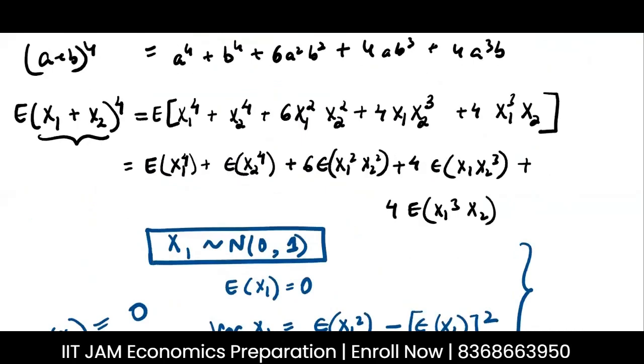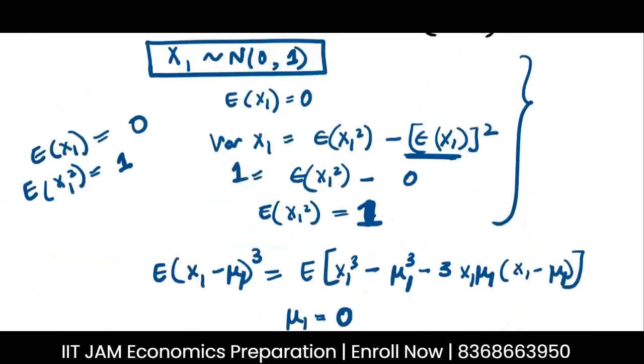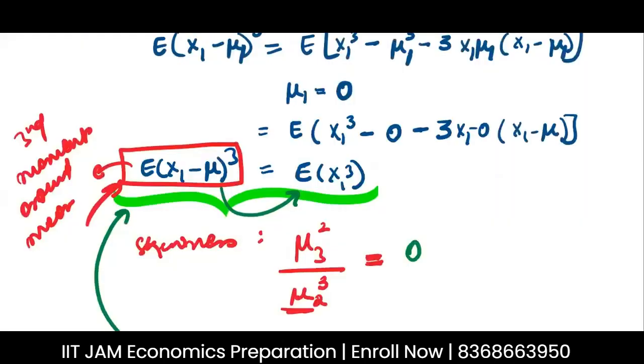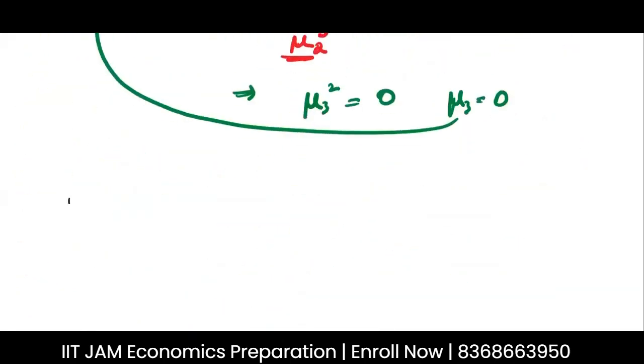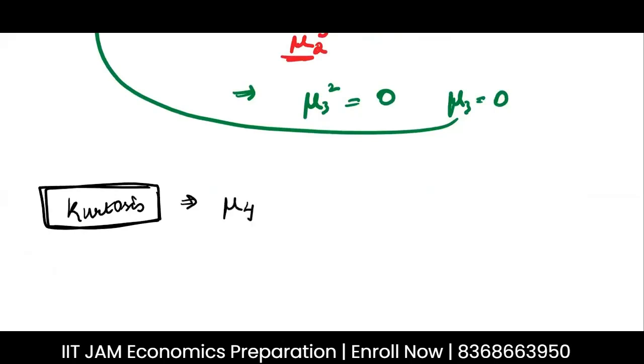Similarly, if you talk about kurtosis, the formula for kurtosis is given by mu4 upon mu2 square.